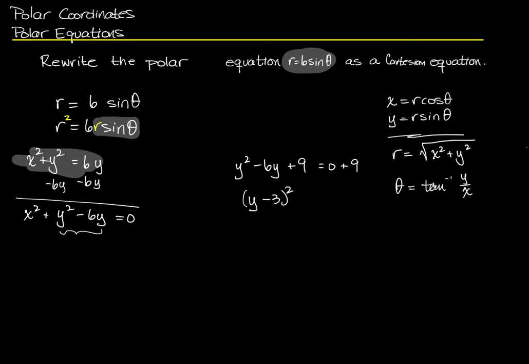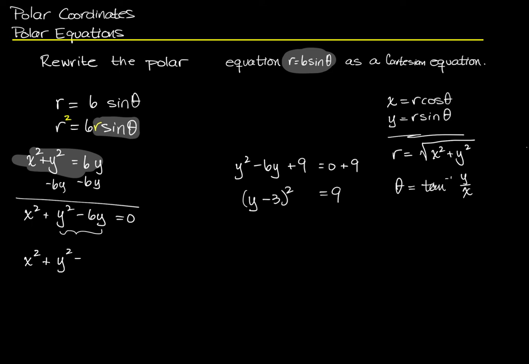And now, this left-hand side factors as y minus 3 squared. The right-hand side becomes equals 9 instead of equals 0. And that's okay. In the case of the circle, the equation that I have down here, I'm going to do exactly the same thing, except that I have an x squared hanging off the side there.